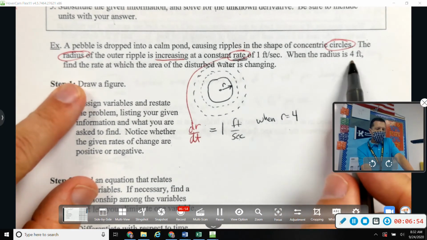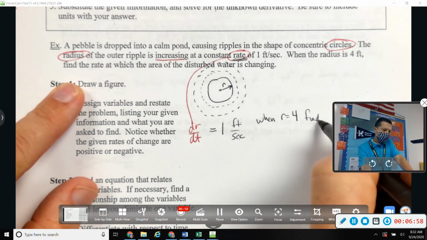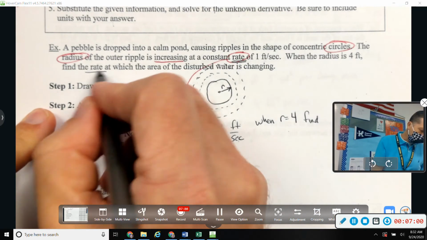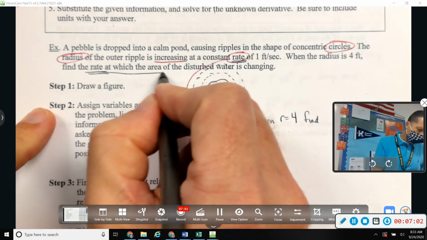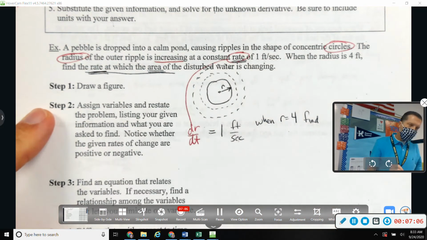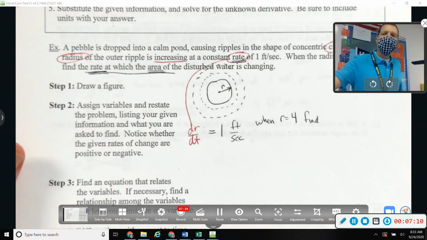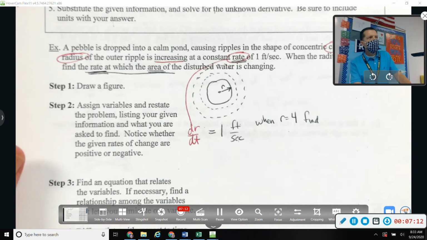When r is 4, find the rate at which the area is changing. So what are we trying to find in terms of calculus variables? The rate of the area.